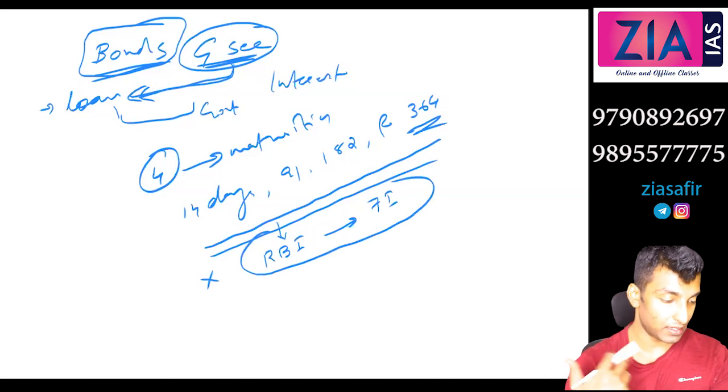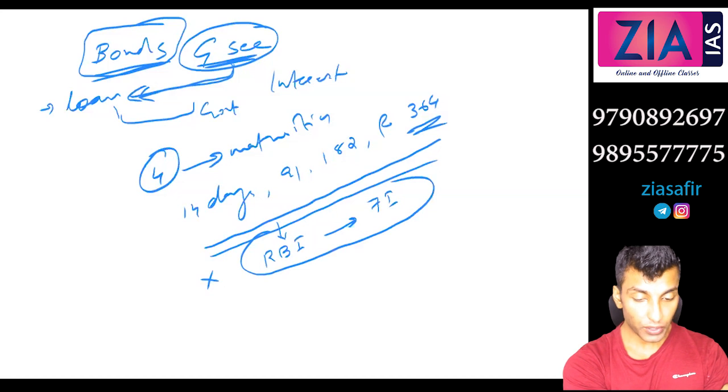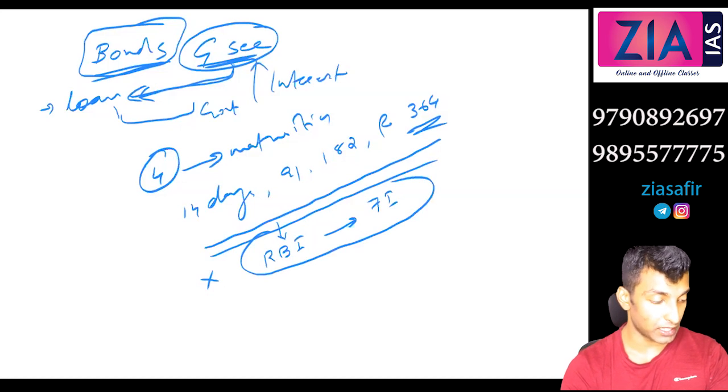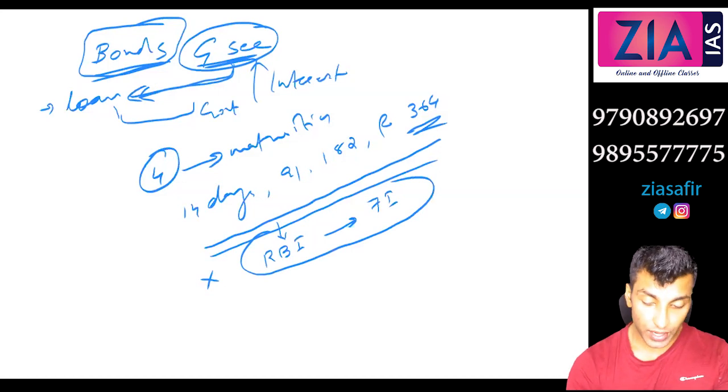Banks, NBFCs, DFIs, etc. So if you hold this government security, you have a claim over the treasury because money will be given from the treasury. So there is a claim on the treasury. That's why treasury bill.